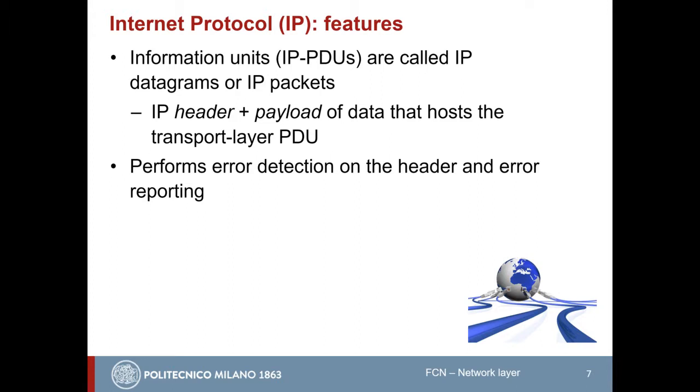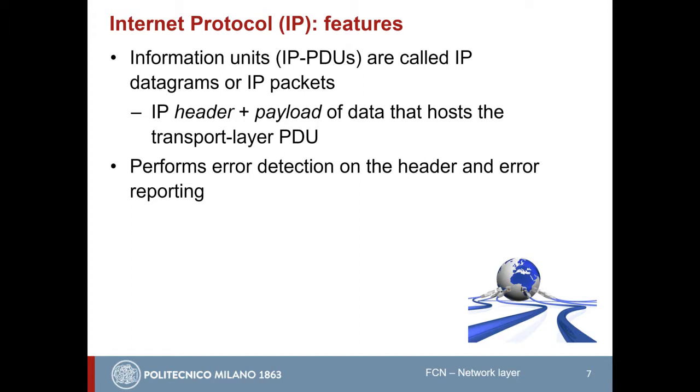We don't have any mechanism to recover errors. However, we have error detection, and error detection is only limited to the header of the packets. So the IP protocol performs error detection on the header, and in case a header is affected by errors, the packet is obviously discarded.